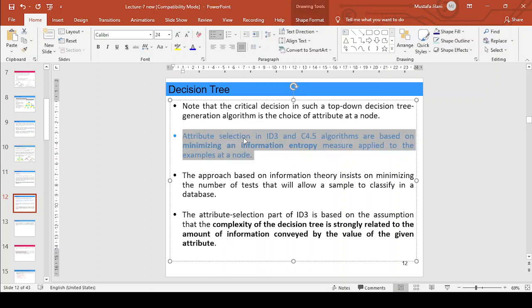Attribute selection in ID3 and C4.5 algorithms is based on minimizing an information entropy. Basically, we see what is the overall entropy in the system, and disorder entropy is the reciprocal of efficiency. If you go to the doctor, you don't say please check my whole body.